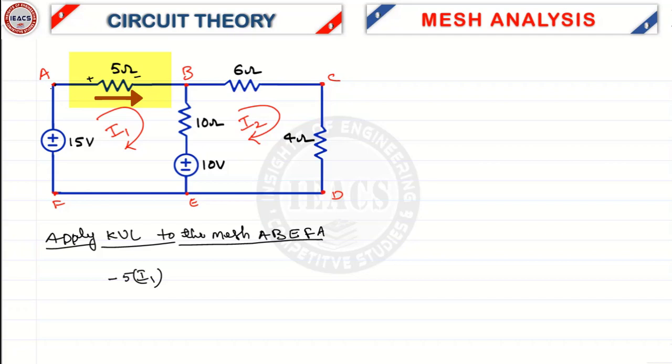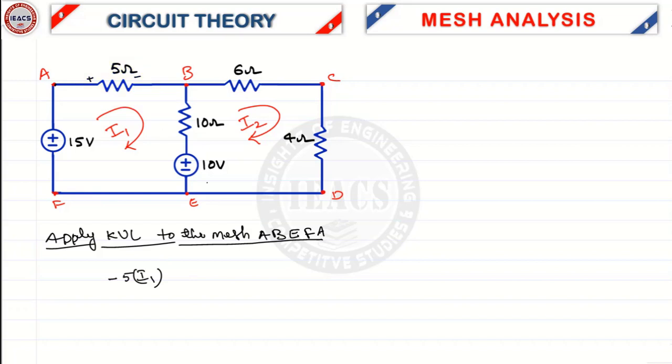So there will be a decrease in potential while I travel from A to B. For a decrease in potential, I am giving a negative sign. Where there is an increase in potential in my path, I will give a positive sign, and add all these voltages to get 0 according to KVL.